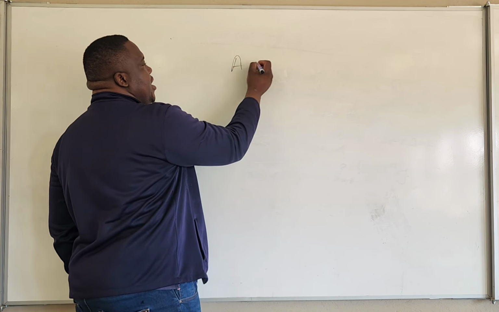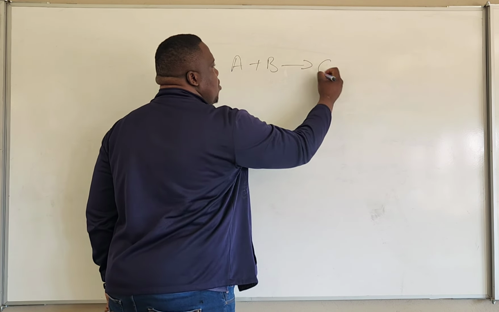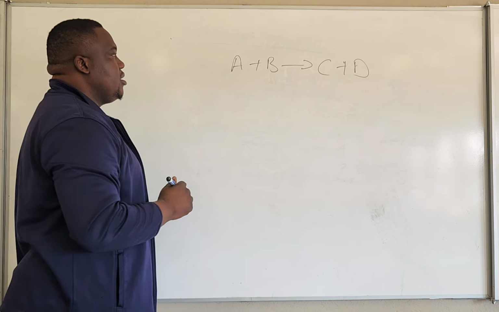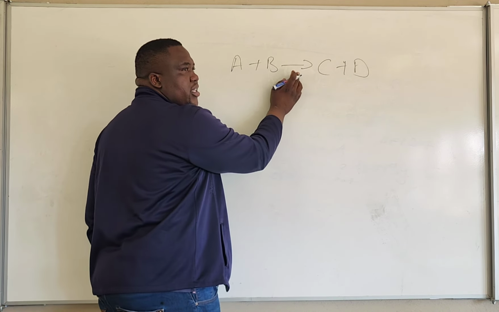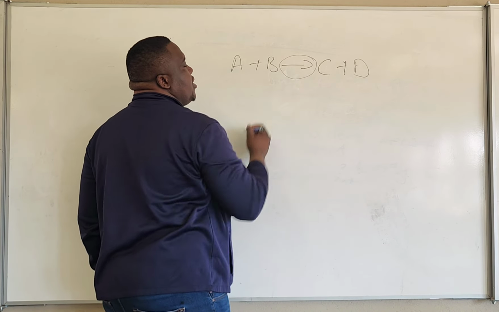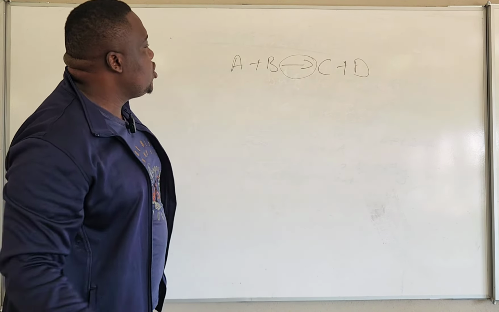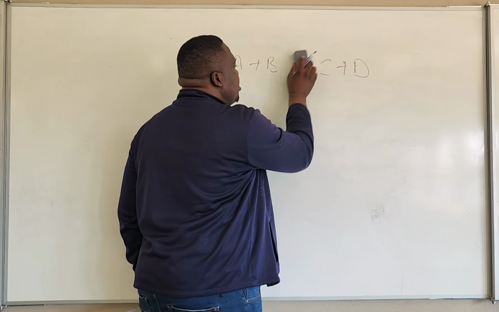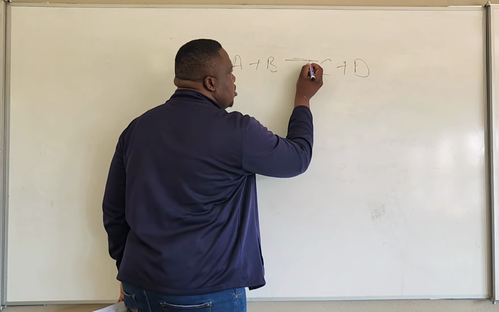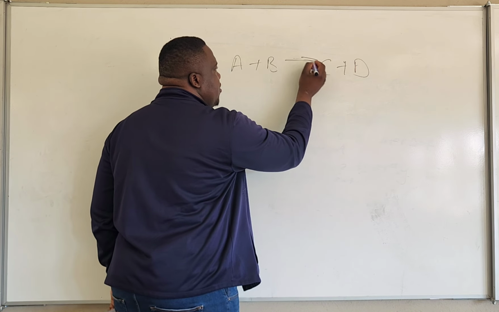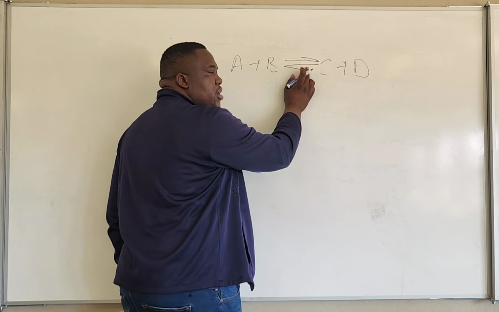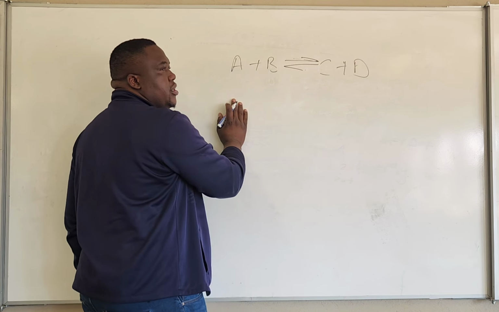If we have A, we mix it with B, we may form C and D. This reaction is not reversible. Why am I saying it is not reversible? There is only one arrow. But if we want to make it a reversible reaction, what do we do? We are going to draw two arrows. One arrow is going to point forward and the other one is going to point backward. This represents a reversible reaction.